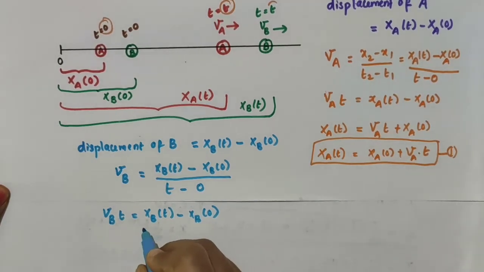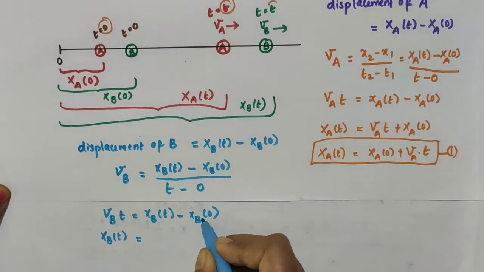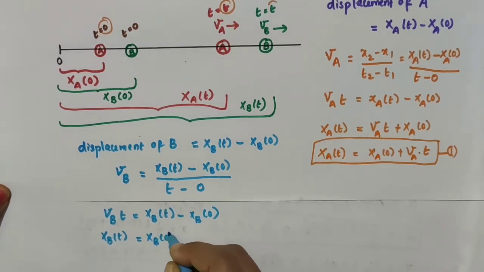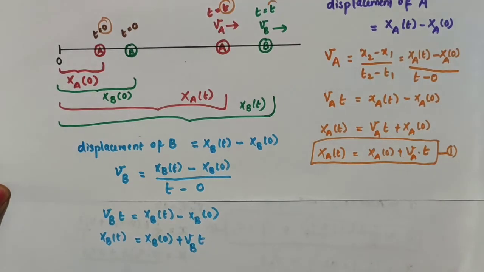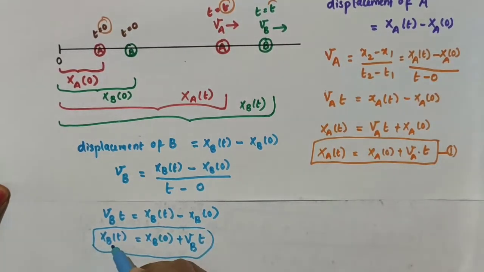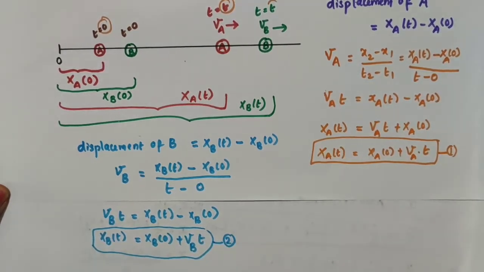So we can write it as xB of t equal to xB of 0 plus VB into t. So we got one expression for the position of B at a time t, and I am taking this as equation number 2.